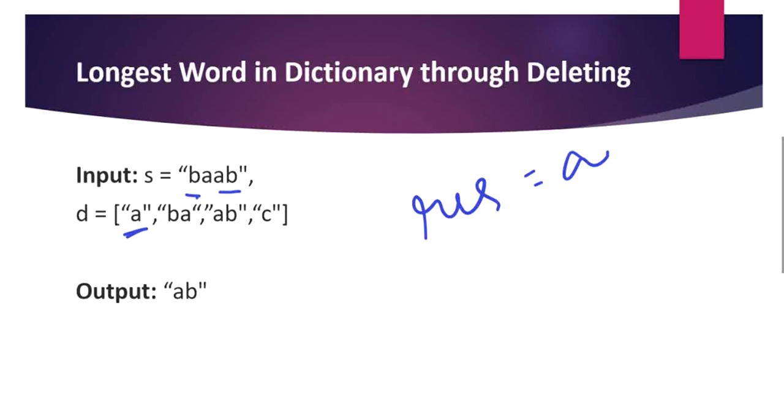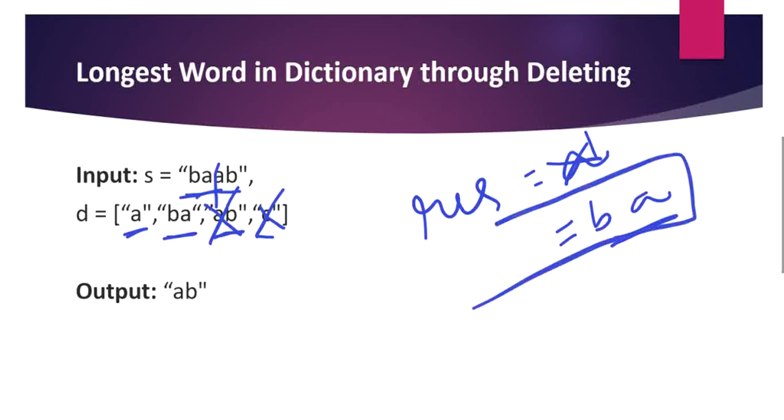And then moving on to BA. BA again can be formed by deleting AB from the string. So I'm updating my result to BA. Then AB, we are checking AB can be formed from the string s, but it is of the same size as BA. So I'm just ignoring this AB and moving on to C. Here C cannot be formed. So I'm returning the result BA.